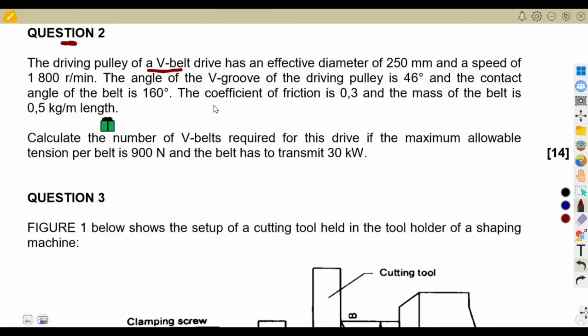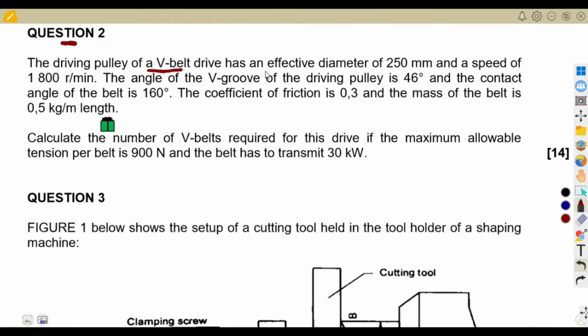In our calculations, the V belt has its own specific calculations that are different from when you are working with a normal belt, which is a flat belt. When you're dealing with a flat belt, there are things you need to know. When you're dealing with a V belt, there are formulas that differ here and there. All right, let us talk about this.